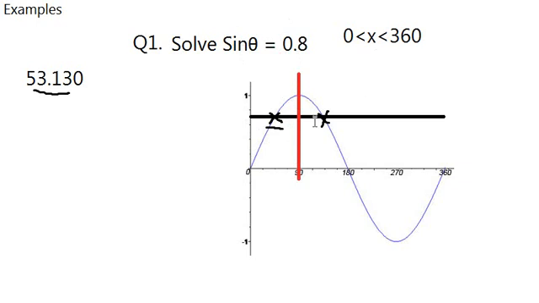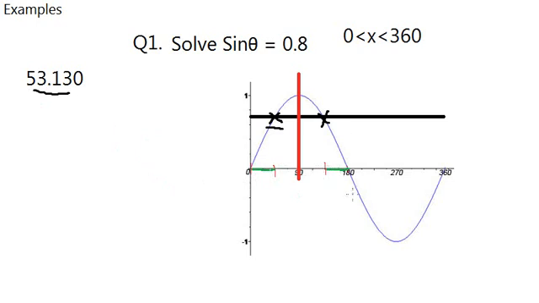So the distance from the answer to 0 is equal to the distance from the other answer to 180. This distance is equal to this distance, and the green distance is 53.130.